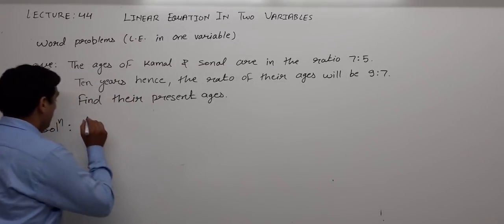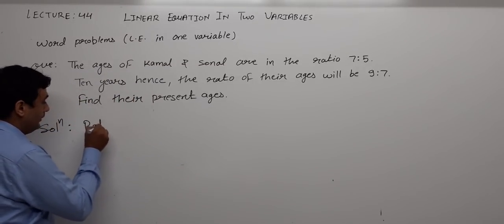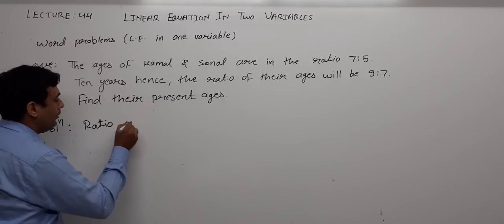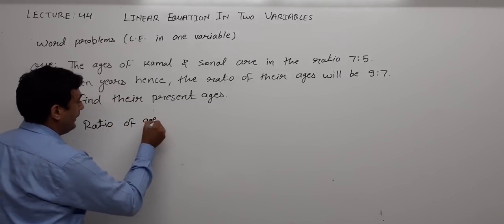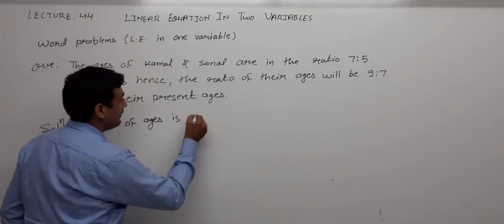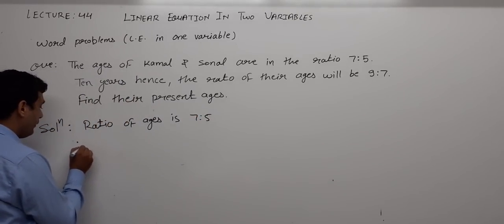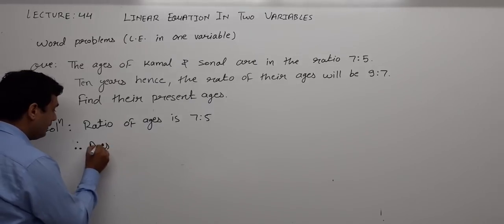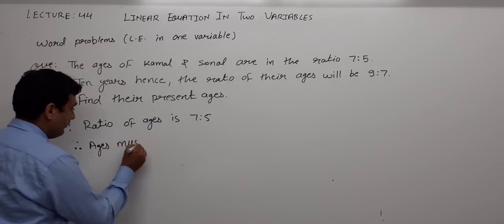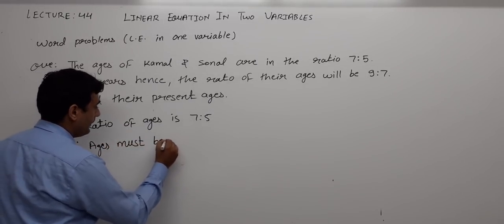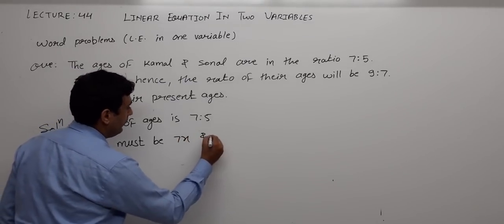So the ratio of ages is 7:5. Therefore, ages must be 7x and 5x.